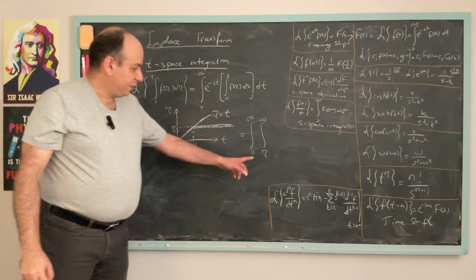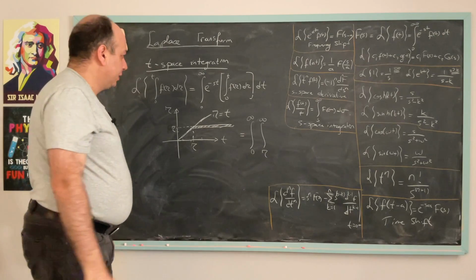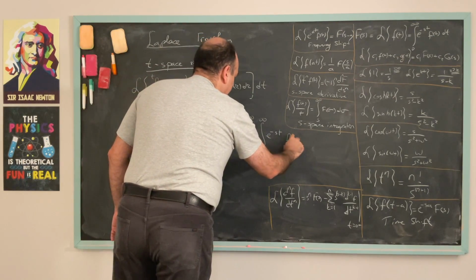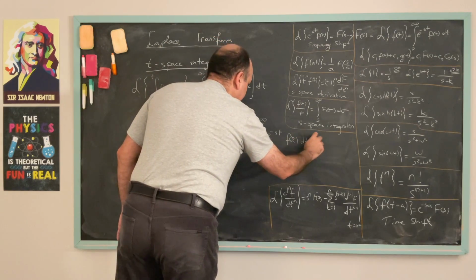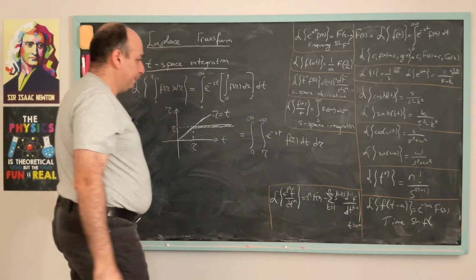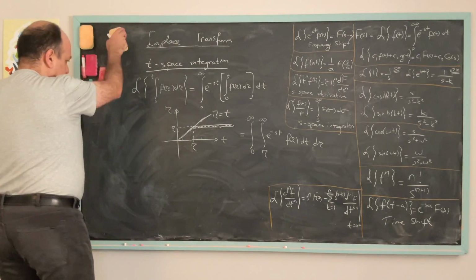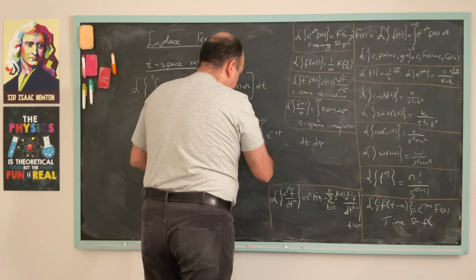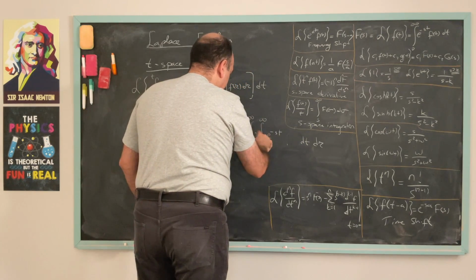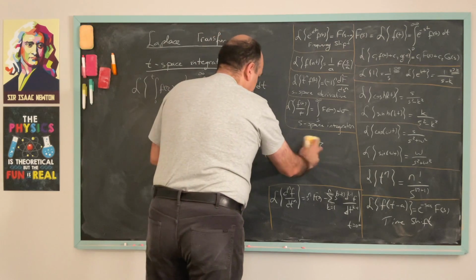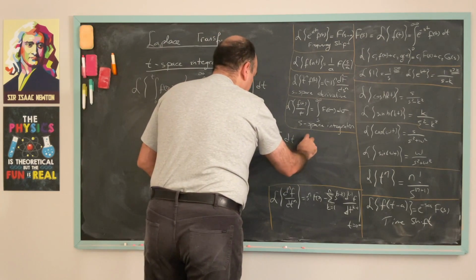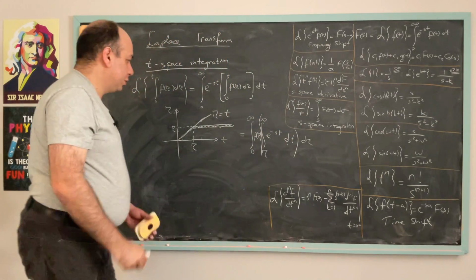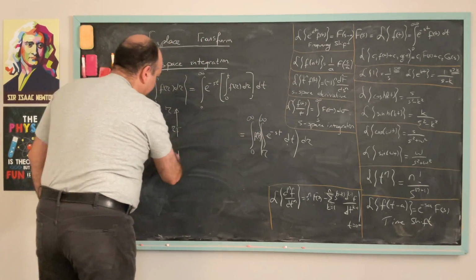So this is how I should define the limits for the t integral. So I have e to the minus st f of tau dt d tau. The first integral is over t, so I can pull f of tau out. So this is f of tau, and this is dt d tau. So I'm basically doing the t integral first. I hope it's clear.